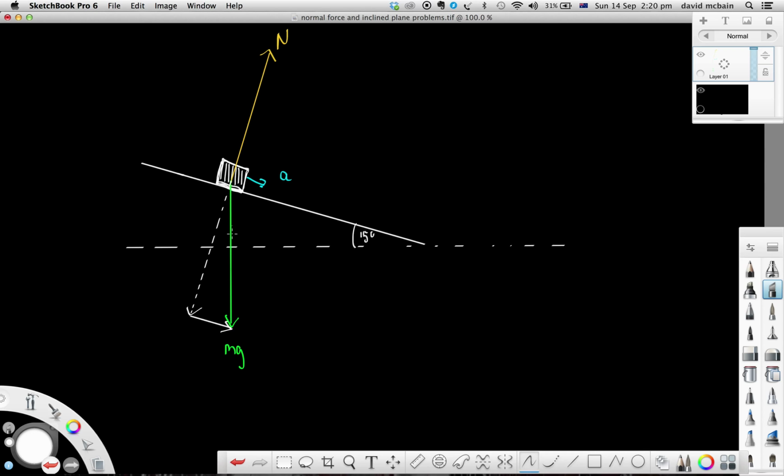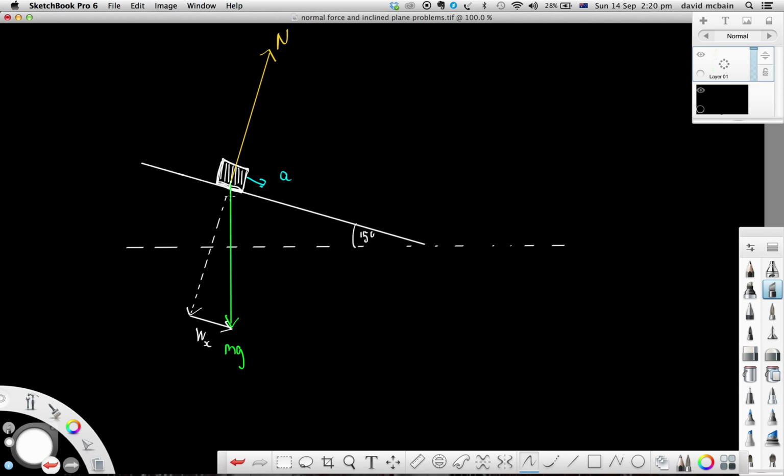So a weight force we can break into two components, one that is at right angles to the ramp acting down in this direction, and the one that is parallel to the ramp acting down the ramp in that direction. Now I'm going to designate these just so that we can refer to them more easily. I'm going to refer to this one here acting down the ramp as Wx.